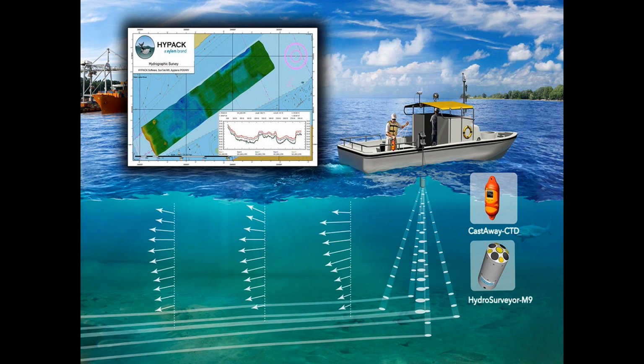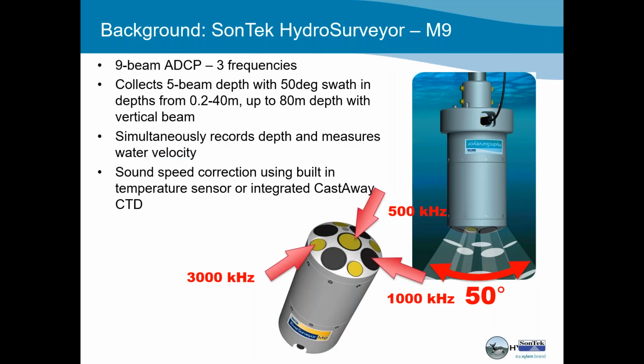I won't go into the hardware in too much detail because that's probably a webinar in itself, but I just want to highlight that the SonTek M9 is different from most echo sounders. It's not just measuring depth and range to the bed, but it's also measuring and profiling water velocity.